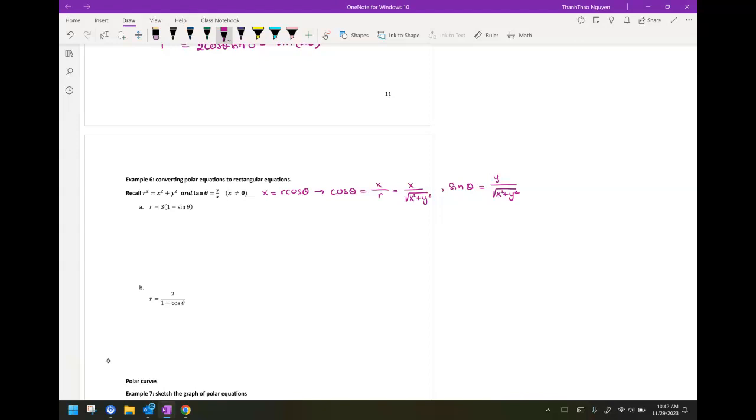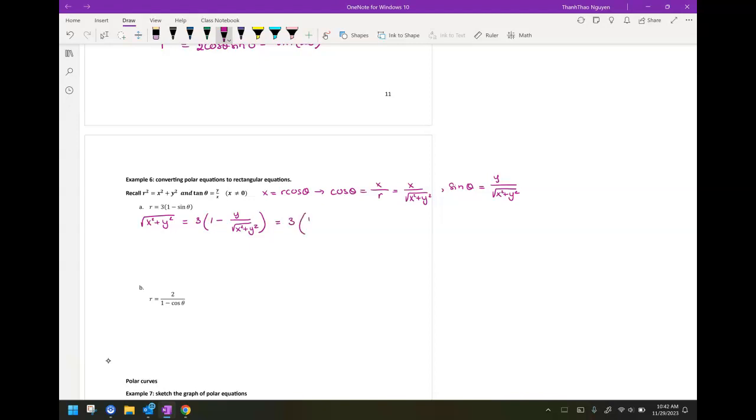Well, here I have r, so this is square root of x squared plus y squared equal 3 times 1 minus y over square root of x squared plus y squared. We try to see if we can solve for y. So here we can simplify the right hand side.